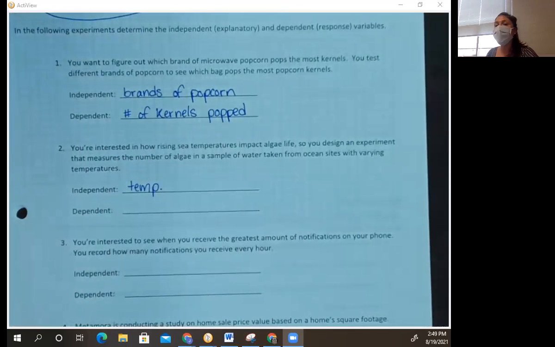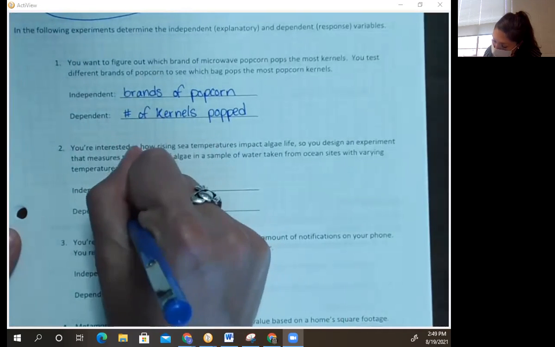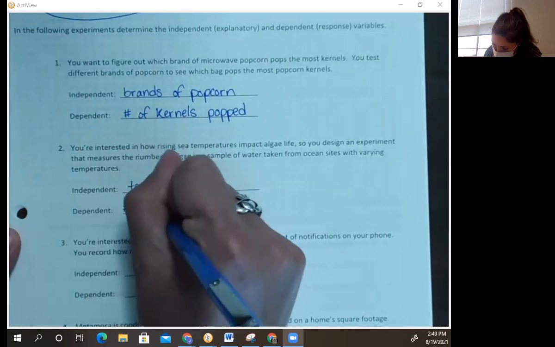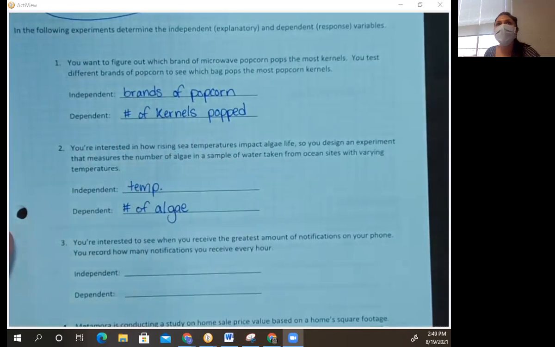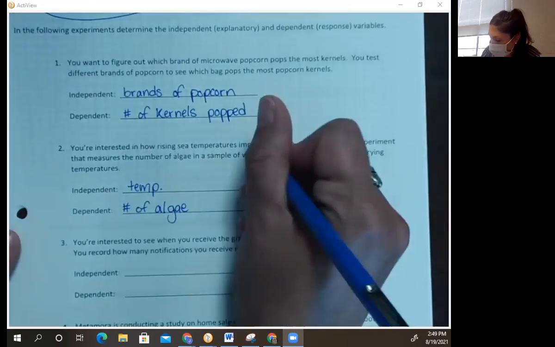And then how about the dependent variable? What am I going to look at once I've got my samples? Exactly right. How many algae are in those samples? I'm going to put the sample on the slide and look at it with my microscope. I want you to notice that there's a key word in here that can help me.